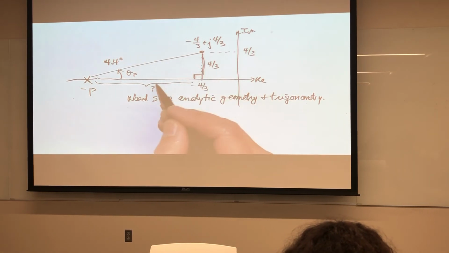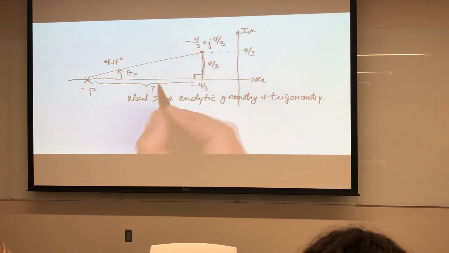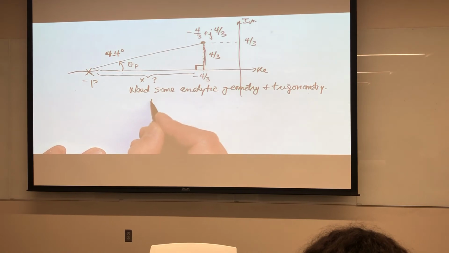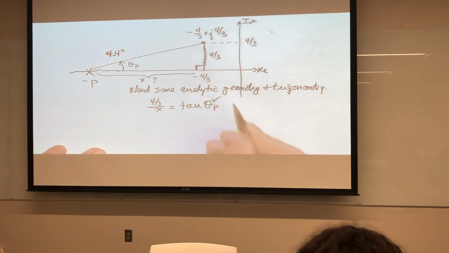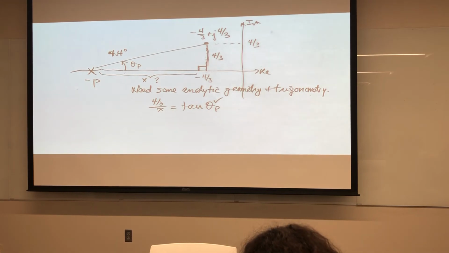But this over this is the tangent of that. Let's call this x. 4/3 over x is equal to the tangent of theta P. This is known. X is the unknown.